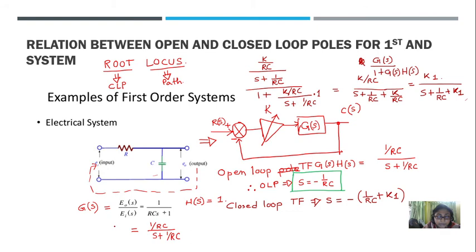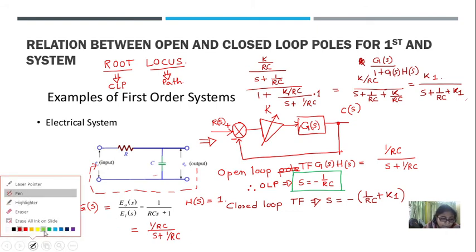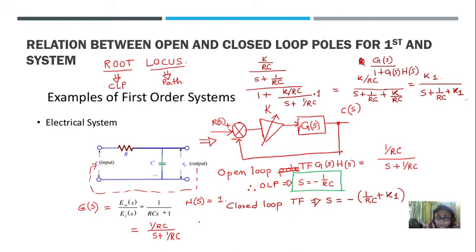Suppose we start with K equal to 0. That means s closed loop is minus 1/RC, which is the same as the open loop pole.